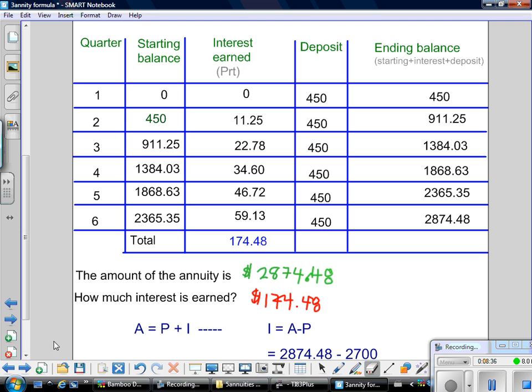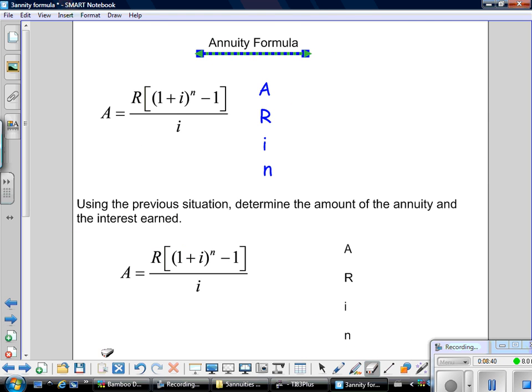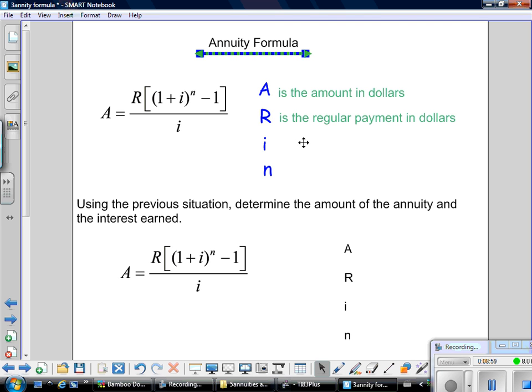So what's happened is we developed a formula for that, and that's what we're going to look at here. So this is called the annuity formula, and you can see it's quite the monster. And let's take a look at what those variables stand for. So we have A is the amount in dollars, so that's our final amount. R is what we call the regular payment in dollars.